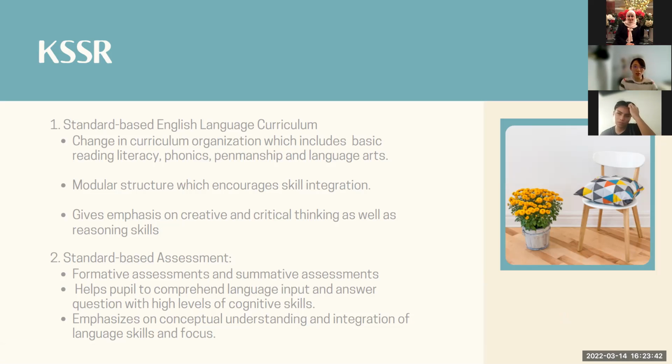So it's not just that you are reading in one class and writing in another class, but inside the activities according to the themes, you use different English language skills, maybe reading and writing, listening and speaking together within the same activity. The standard-based English language curriculum also gives emphasis on creative and critical thinking, as well as reasoning skills. Just now, even in the introduction, I mentioned that critical thinking and reasoning skills are very important for the 21st century.